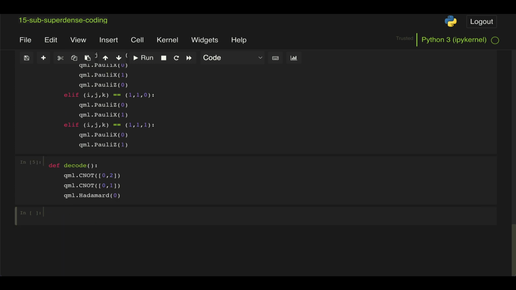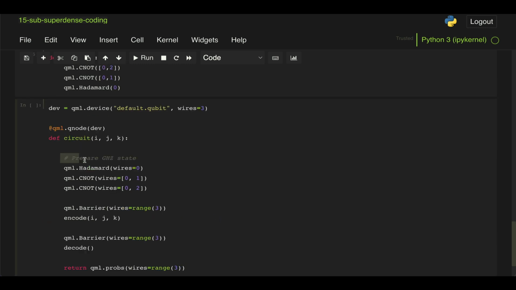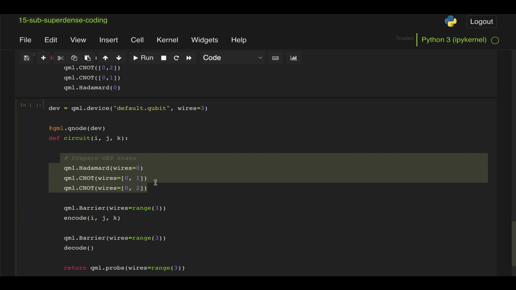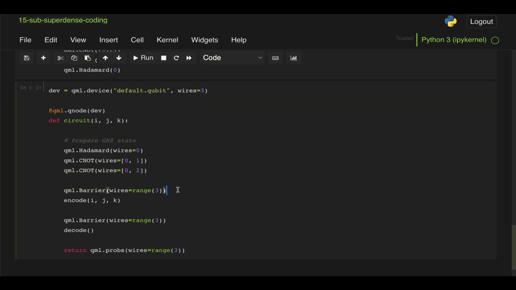And then we can define our QNode by using a device with 3 qubits, and then the following circuit. First, the preparation of that GHZ state. Then I just have a barrier so that when we draw the circuit it's easier to understand. Then the encoding done by Alice, and then decoding done by Bob.